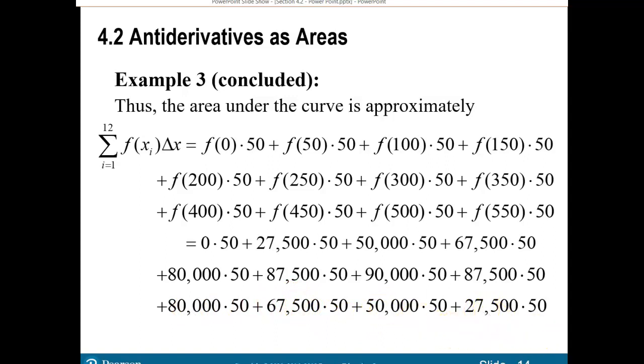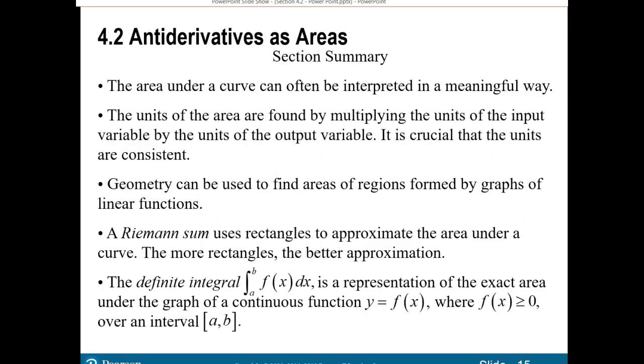These are the results of plugging those numbers into f. And then each of those get multiplied by the 50, and then they get added together, and I get 35,750,000. So this can be time consuming, right? Especially if the number of subintervals is large.